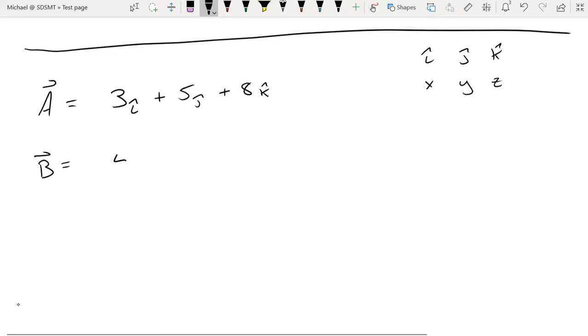We'll go with 4 i hat minus 7 j hat and 2 k hat. Alright, so those are the two vectors. If we need some units, we can put those in. Maybe these are position vectors. But now I want to know what happens if I take the cross product of those two vectors.